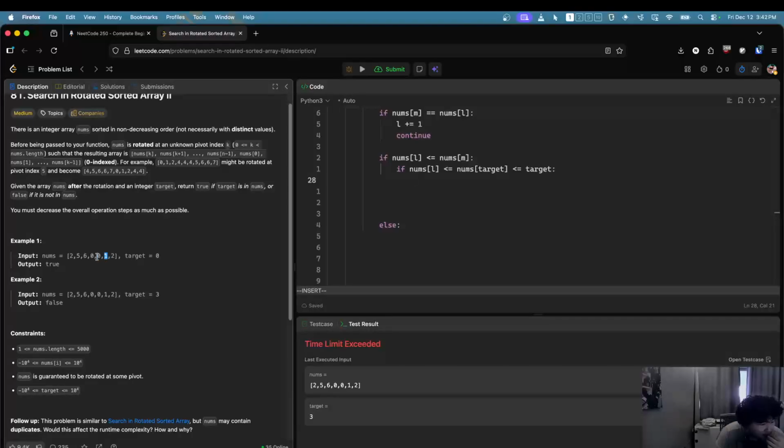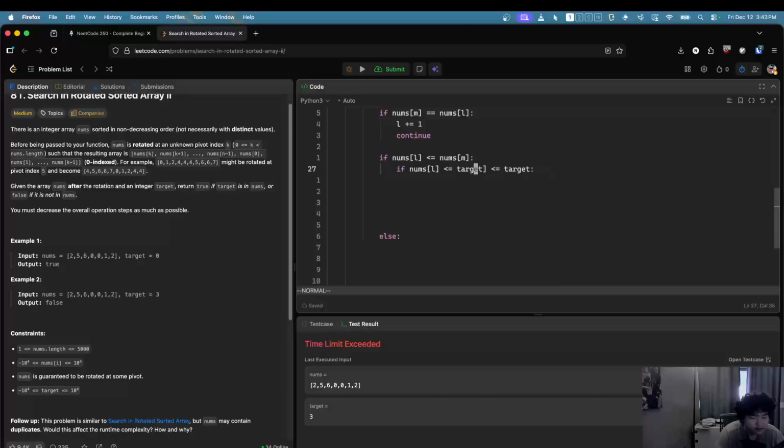So we do here. If it's ascending, then we need to push, oh, what target? What am I saying? It doesn't make any sense here. Nums of target.